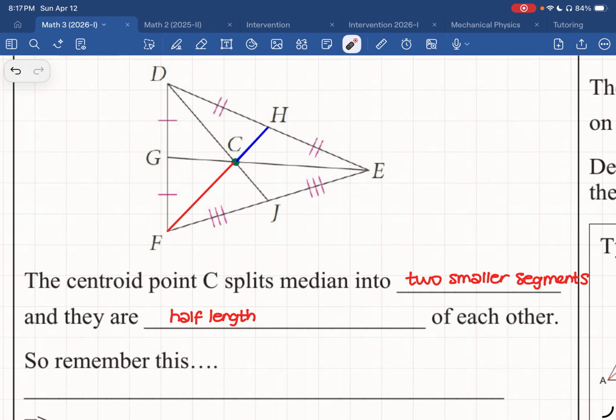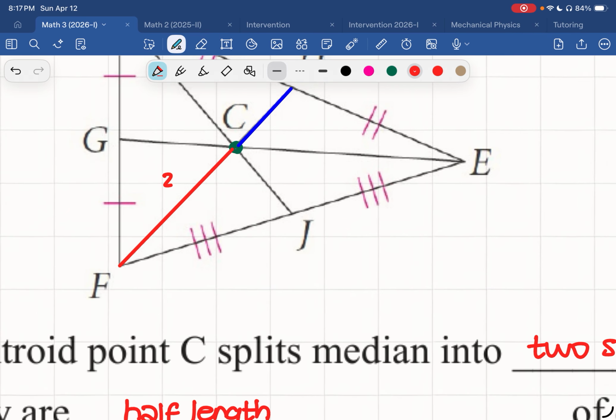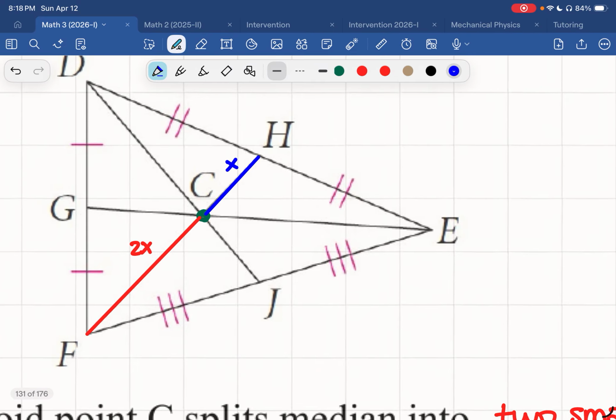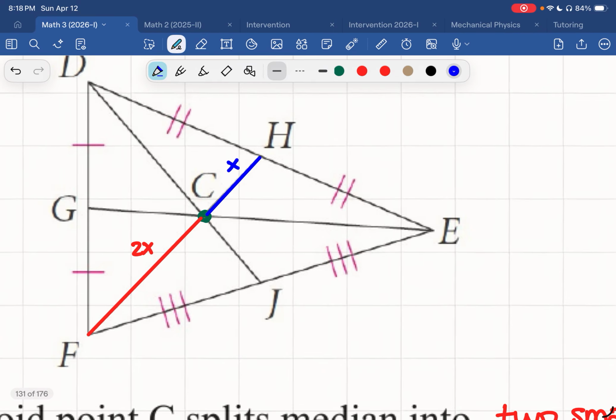It means, for example, if I decide to call this one 2x, what is the half of 2x? Well, it's just x, right? And that happens with all of them. For example, this one, and this one, right?